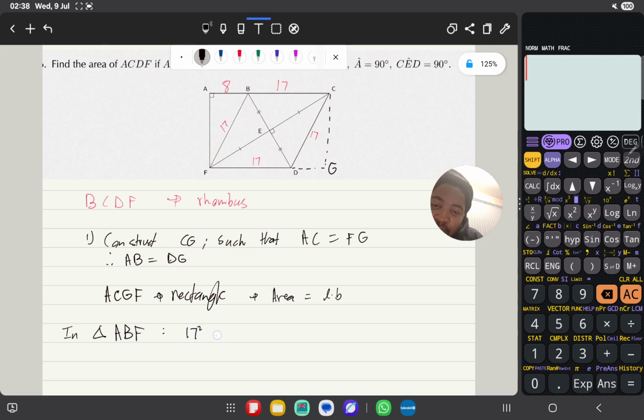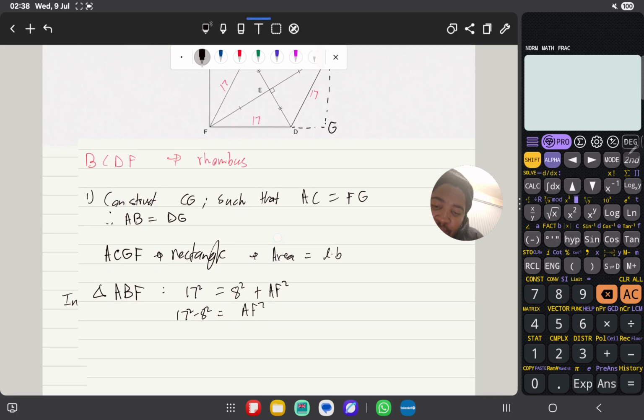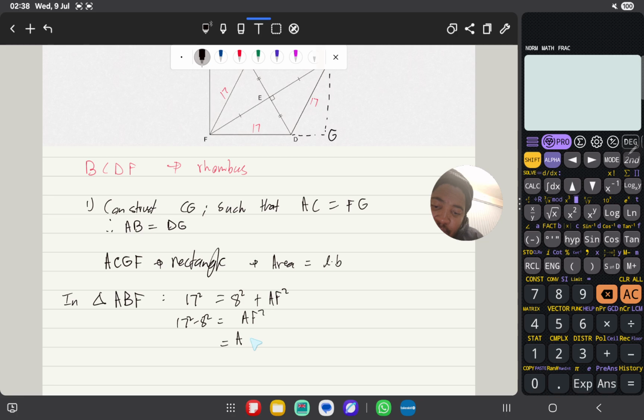17 squared is equal to 8 squared plus AF squared. Then AF squared is 17 squared minus 8 squared, and we get 225.